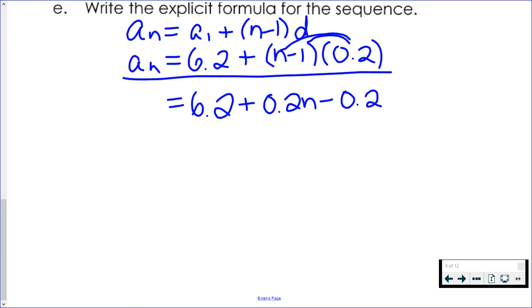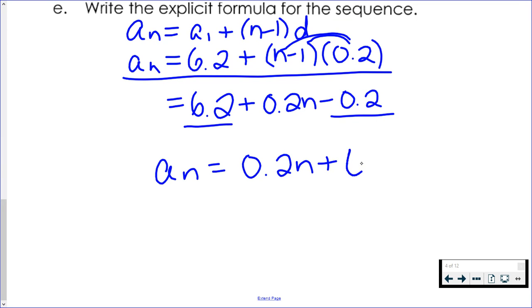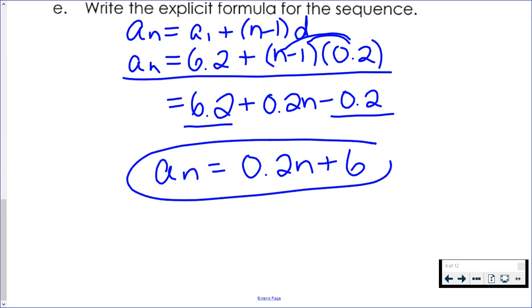And then I'm going to combine like terms. And this is the other way that you can write your explicit formula. So it's either this one or this would also be correct if you didn't have to simplify.